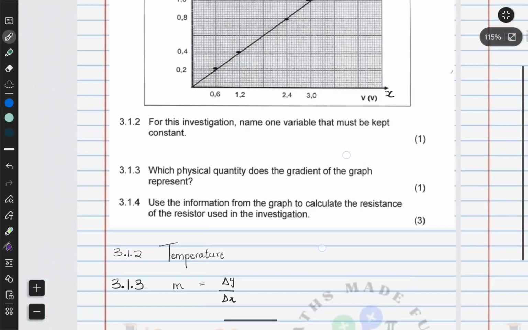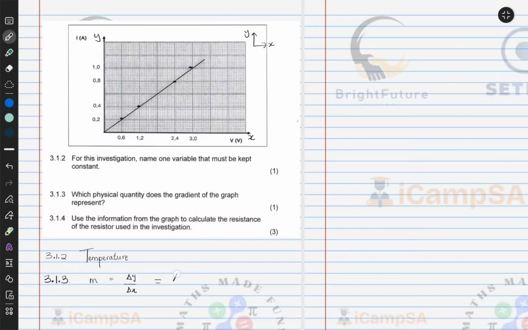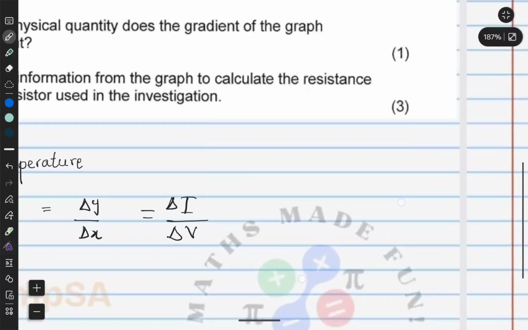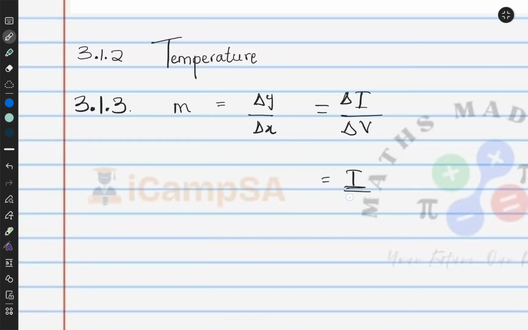For y, you would have your current, so delta I, over, in x you have voltage, delta V in this case. So this is basically I over V.